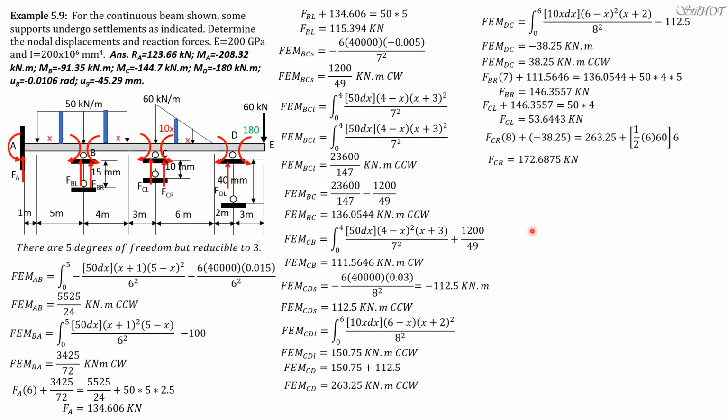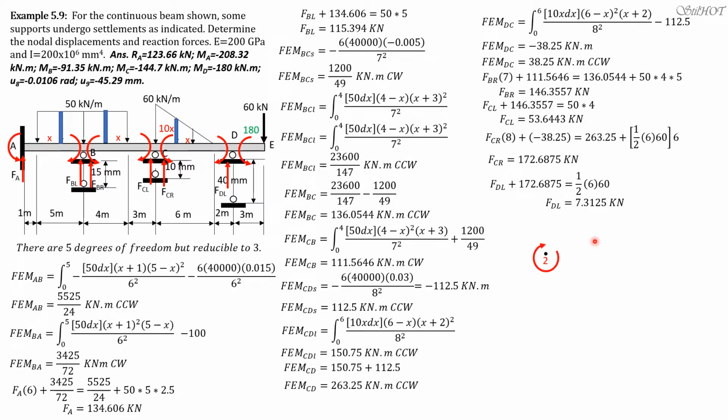So FCR is 172.6875 kilonewtons. So that's it. Let's proceed to FD left plus FCR equals area of the loading, 1/2 of 6 times 60. So FD left is 7.3125.